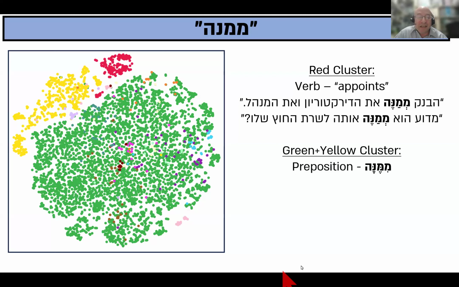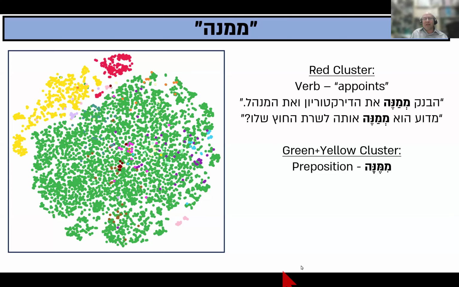preposition "mimena." Now we see here that the distribution is quite unbalanced, right? Mimena, the preposition, is a very, very common word in Hebrew, and mimaneh, the verb, is a minority usage. It's a much more rare case of those letters.